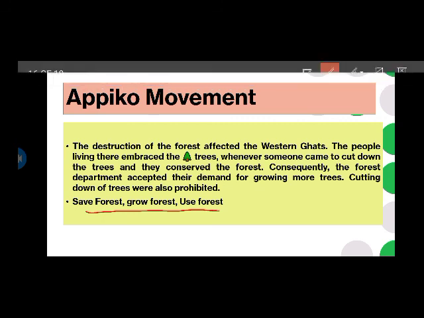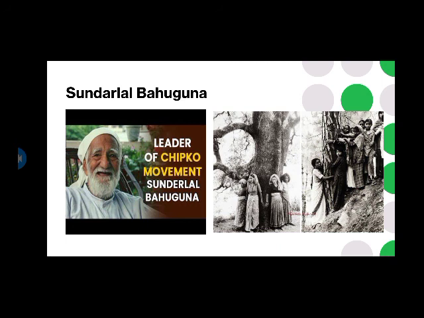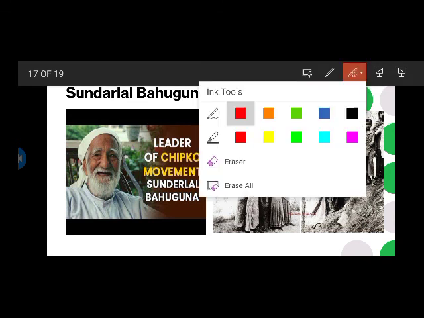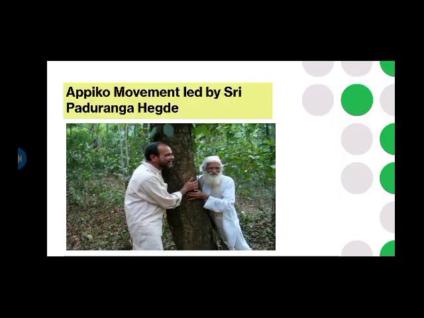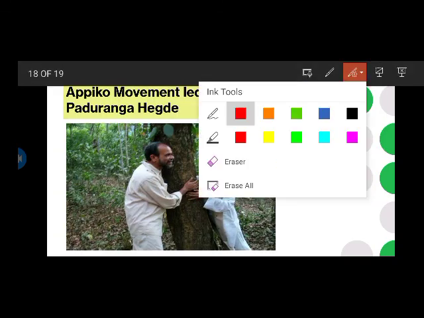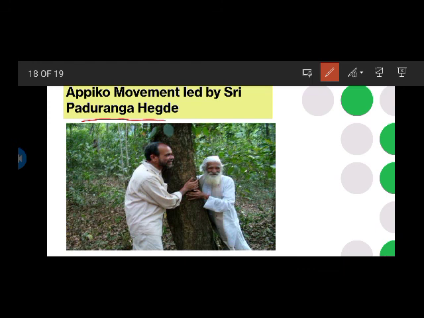Isn't it? Now this is the picture of Sundarlal Bahuguna, and you can also see the people. Look at these people embracing the tree. It was his idea and under his leadership. And the same was done in Karnataka also, led by this person. This person's name is Panduranga Hegade.